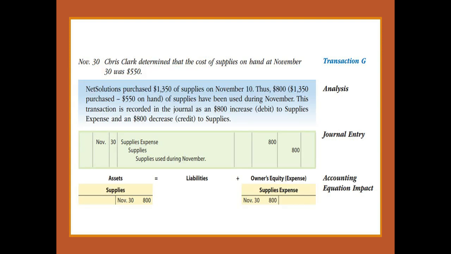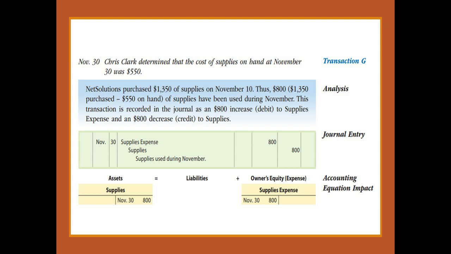Transaction G. November 30. Chris Clark determined that the cost of sublease on hand at November 30 was $550. The analysis is: NetSolutions purchased $1,350 of sublease on November 10. Thus, $800 comes from the $1,350 purchase minus the $550 on hand, which has been used during November.